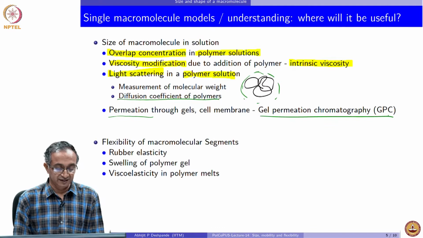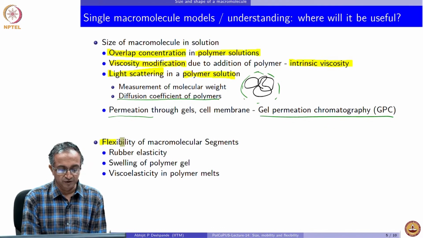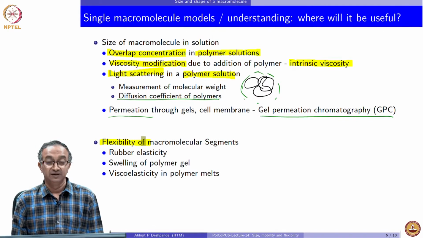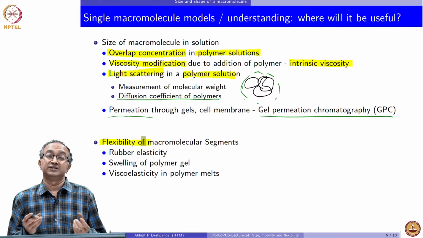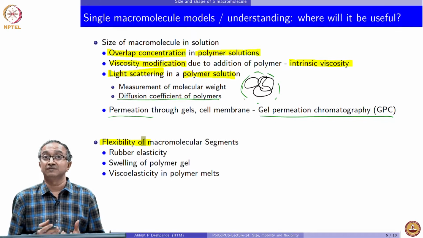The other idea that we have already seen is related to ease of conformational changes or flexibility of macromolecules. So if a macromolecule is rigid, conformational changes will not be as often. If we are at a higher temperature, then conformational changes will be easy.